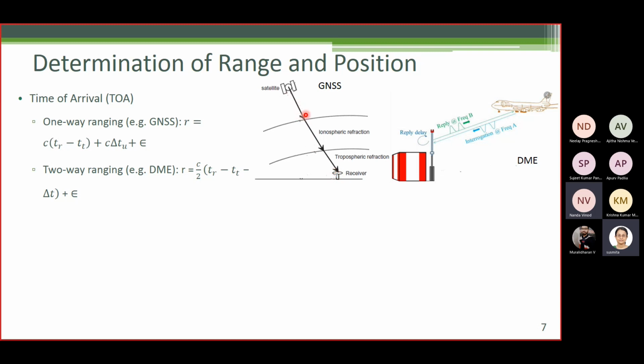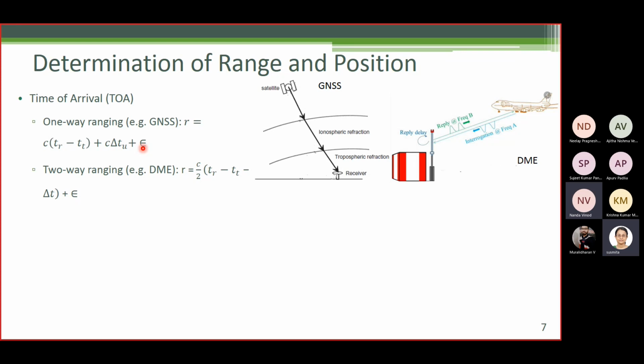Then when the signal travels through the atmosphere, its speed of propagation gets changed. But when you are doing the calculation, you assume that the speed of propagation is equal to the speed of light in a vacuum. So you need to include some additional terms to account for the change in speed. When we talk about the effects of the atmosphere, this will be clear to you.